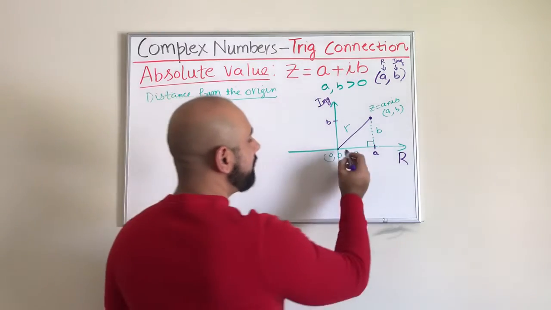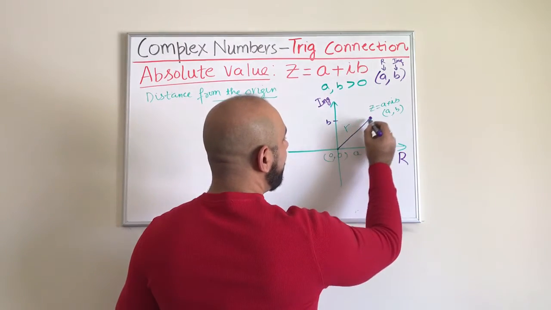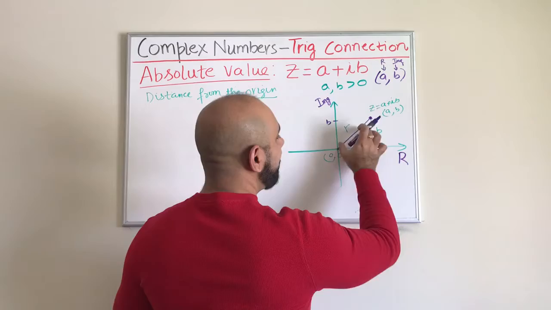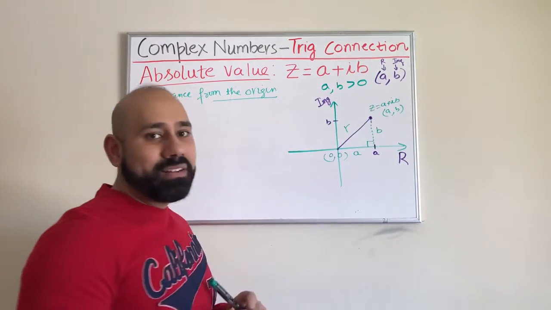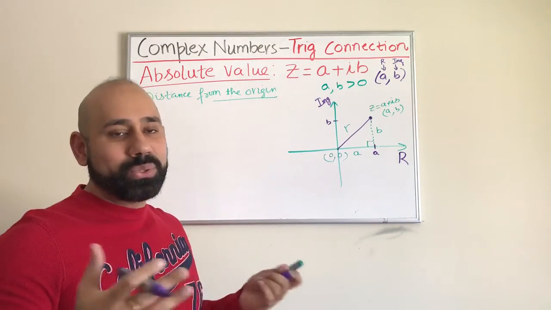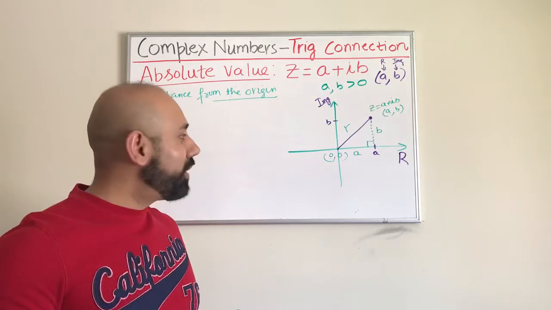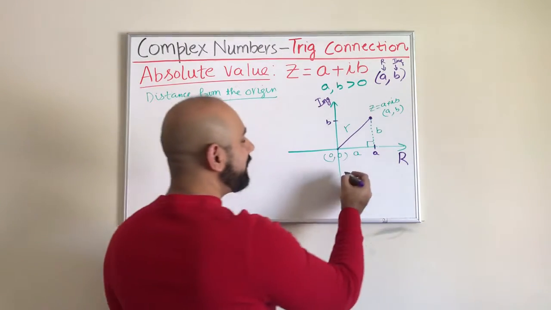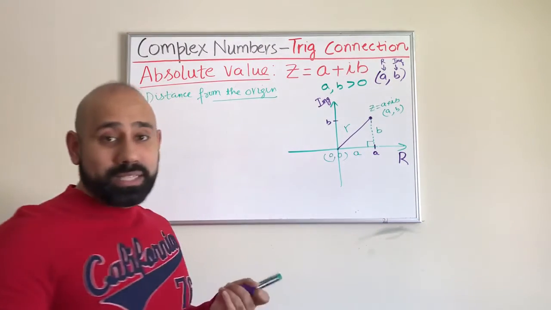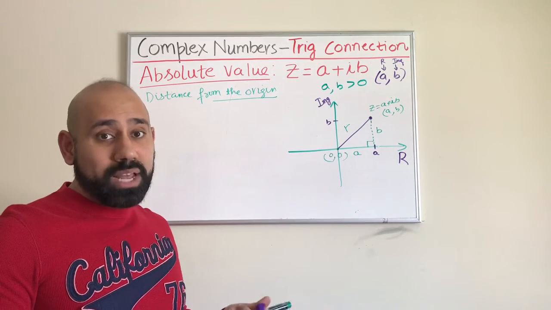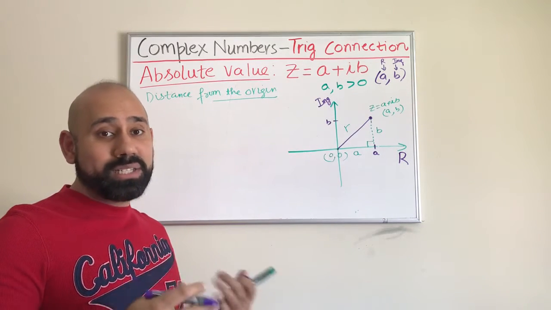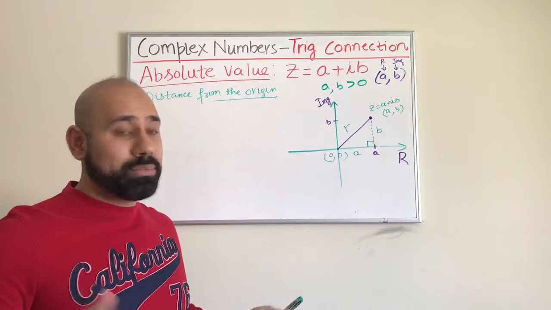In this right triangle, finding the absolute value basically means finding the hypotenuse, given the other two sides or legs. How do we find it? We have our nice Pythagorean theorem. That's what's going to help us evaluate that distance, which in turn is the absolute value.